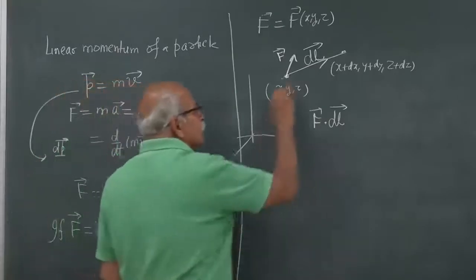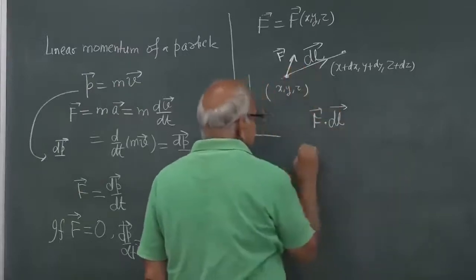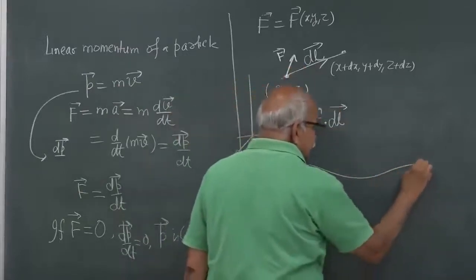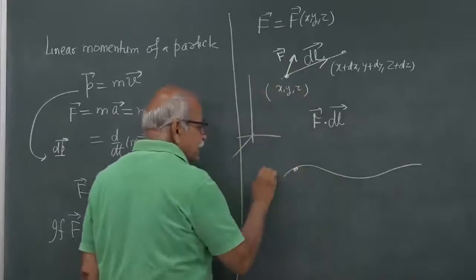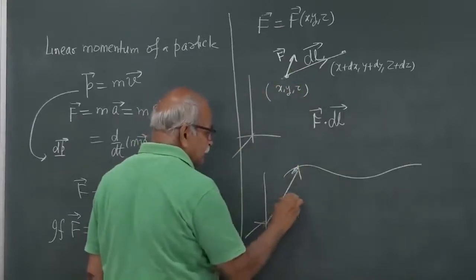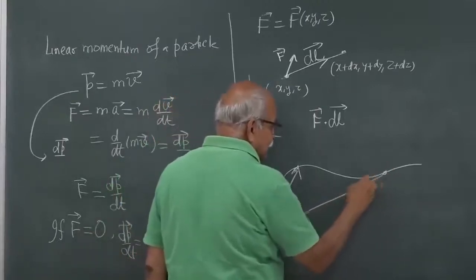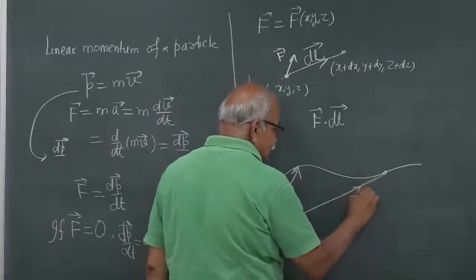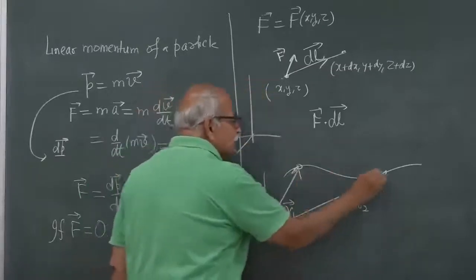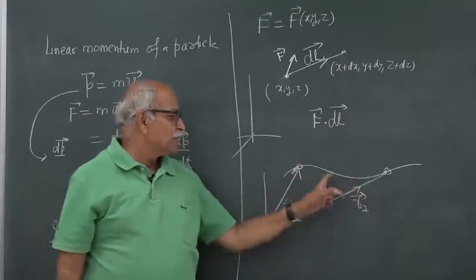And you can take some curve. Let me take the curve somewhere here, and here is a point, the vector r1, and another point, the vector r2. Now I am going from here to here, a big distance, not infinitesimal.